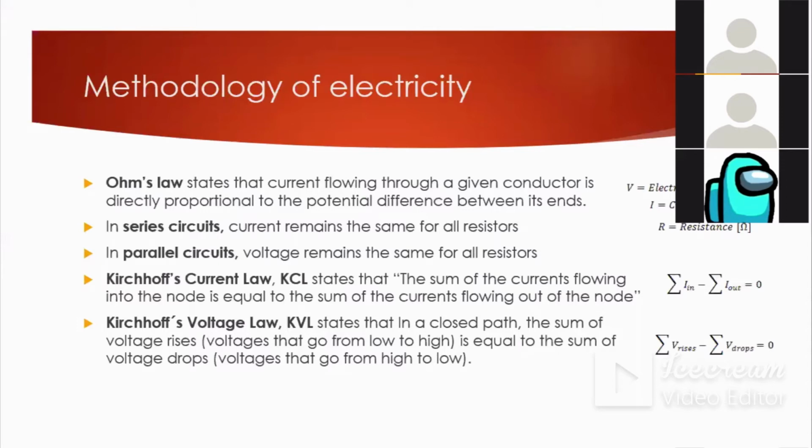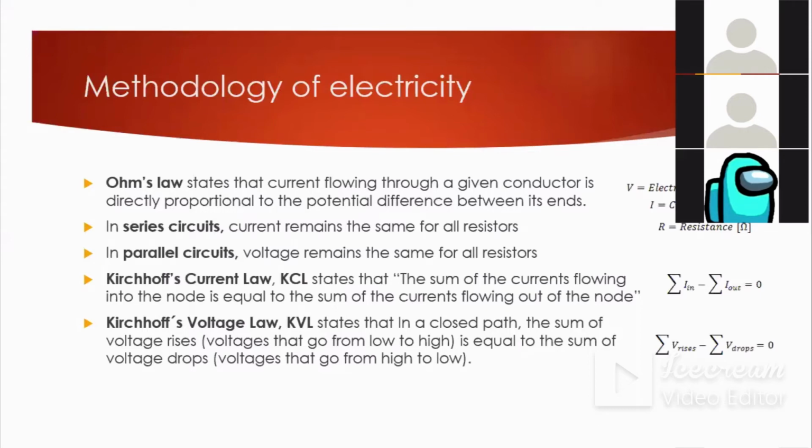Next up, we have Kirchhoff's law. The first Kirchhoff's law is the current law, and it states that the sum of the currents flowing into the node is equal to the sum of the currents flowing out of the node.